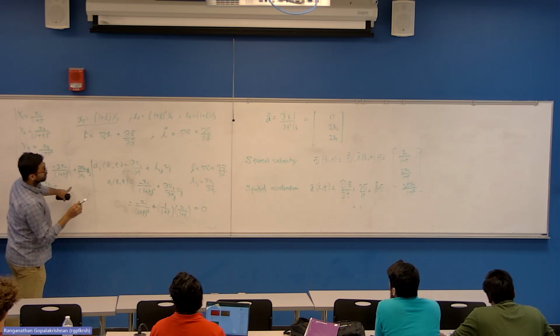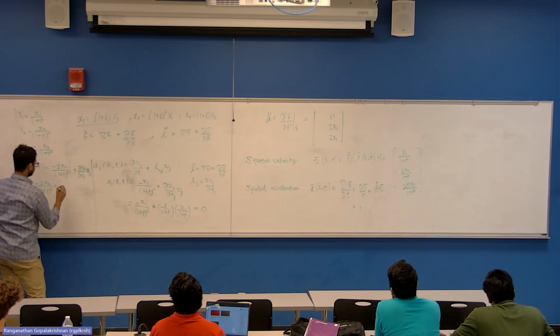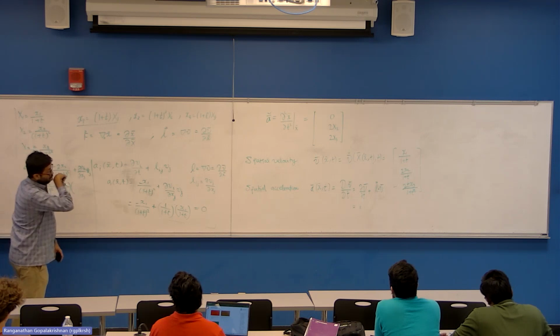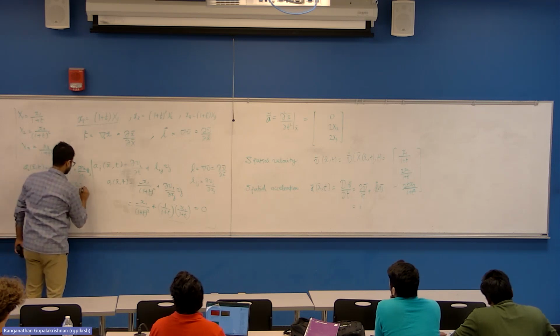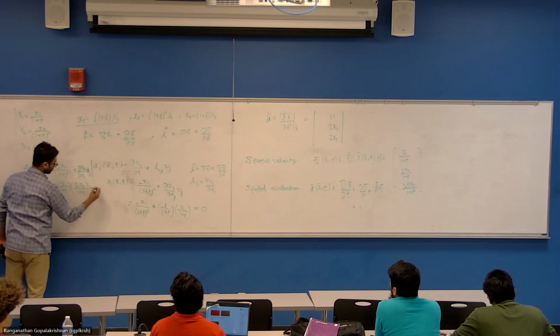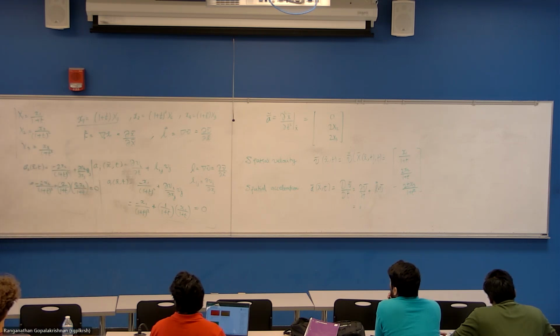V2 with respect to x1 is 0. V2 with respect to x2 alone will be 2 over 1 plus t, multiplied by V2 itself, which is 2x2 divided by 1 plus t. Turns out this is also 0. Oh, no, it's not 0.